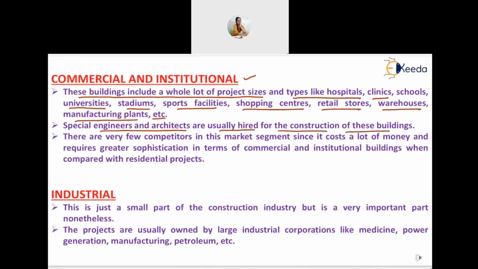There are very few competitors in this market segment, since it costs a lot of money and requires greater sophistication in commercial and institutional buildings when compared with residential projects. Now the next one is industrial project.